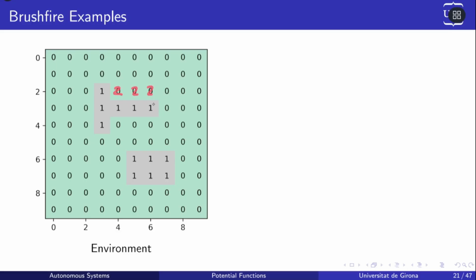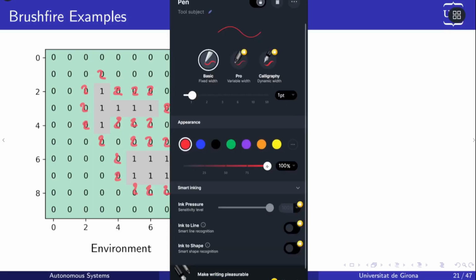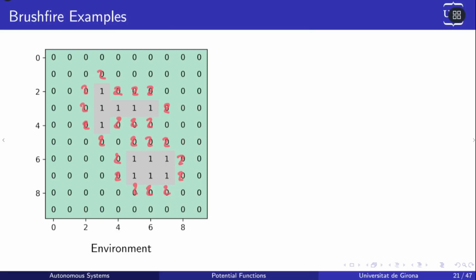Because this is connectivity 4, this one is not working. This, yes, yes, yes. 2, 2, 2, 2, and 2. And the same for the one that we have here. Okay, we will do something like that.